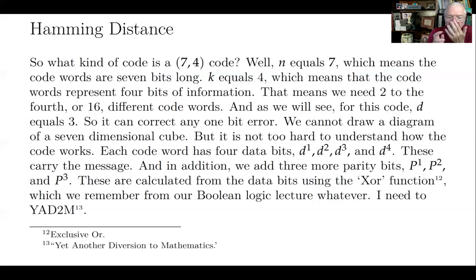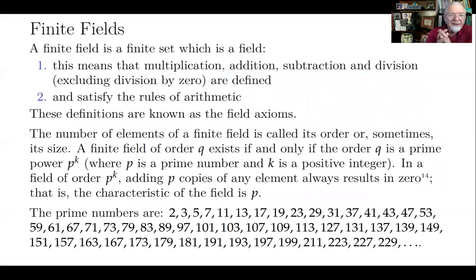If you remember from our logic, I'm going to do another YAD2M, yet another diversion to mathematics. So, finite fields. A finite field is a finite set which is a field. And things like, well, the real numbers are a field. The rational numbers are a field.